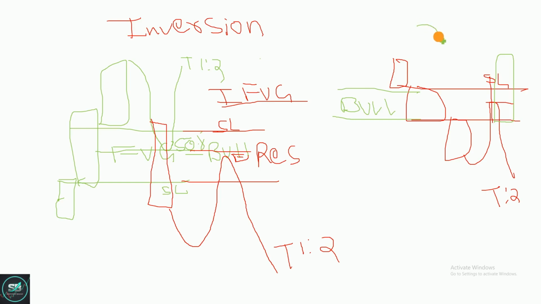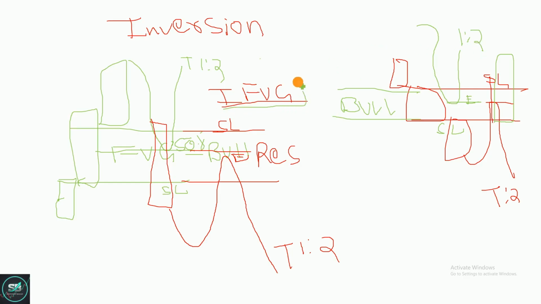When price comes back from the top and tests this 50% of the zone, price is going to react from here. We are going to make our entry here. Below this will be our SL and our target will be 1:2.